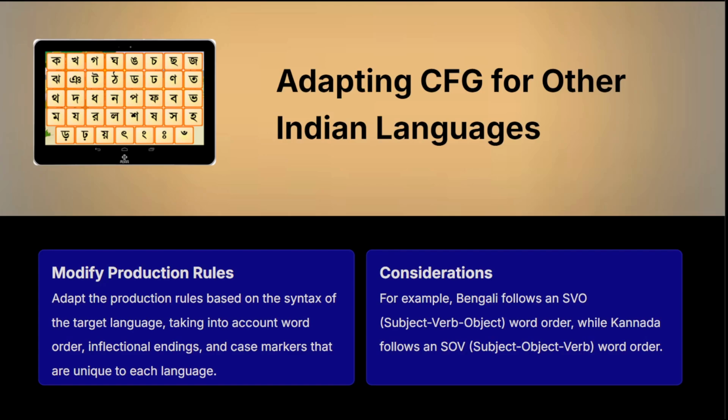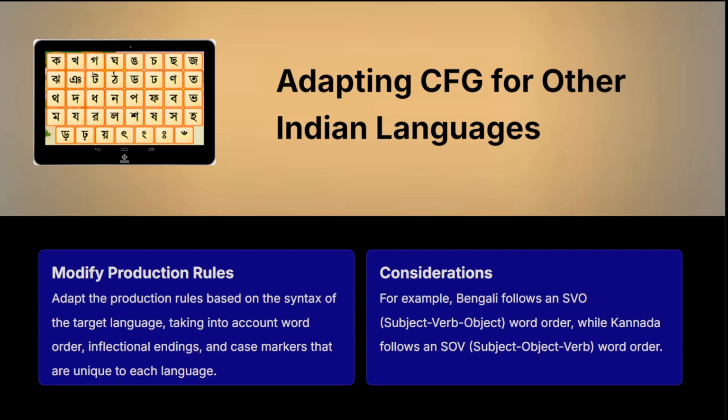There are other languages like Bengali, Tulu, and dialects of these languages that follow a different structure. So we have to adapt the production rules based on the syntax of the target language, taking into account word order, inflectional endings, maybe the case markers that are unique to each language. Maybe the slang or dialect varies, so we should take care of that.